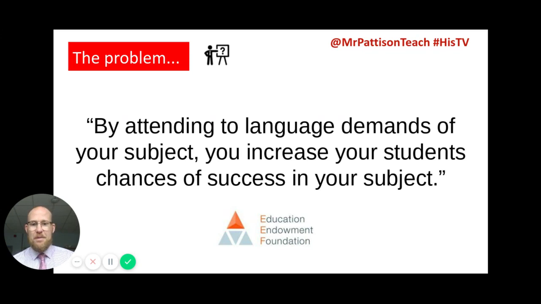The Education Endowment Foundation is a very superb group to read up on, and read their reports in full if you have the time. But this was the main takeaway for me, that by attending to language demands of your subject, you increase your students' chances of success in your subject. We need to unlock our students' capability of engaging with what it is that we want them to understand, develop, and begin to use for themselves.